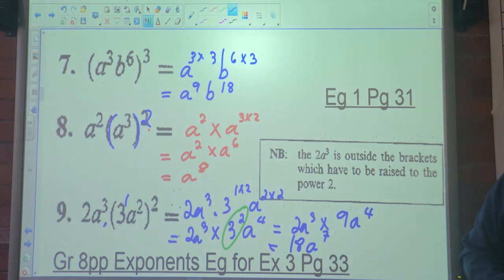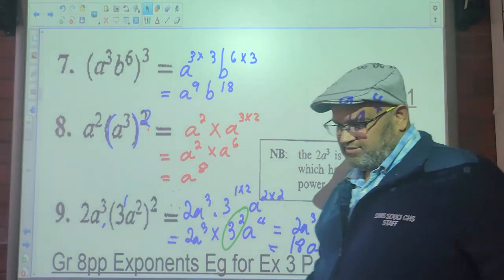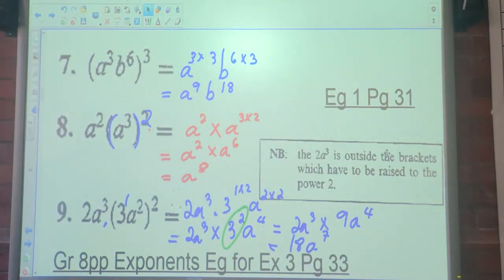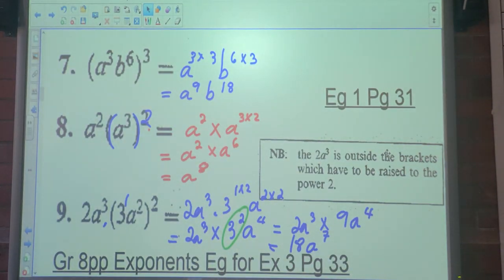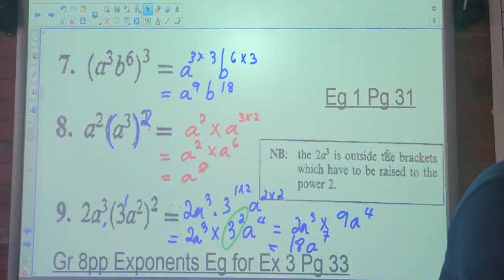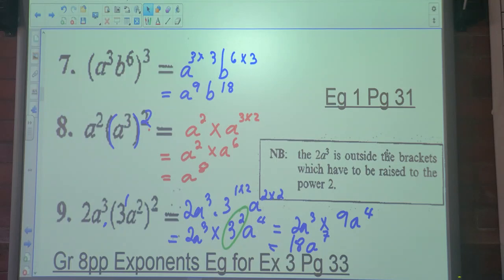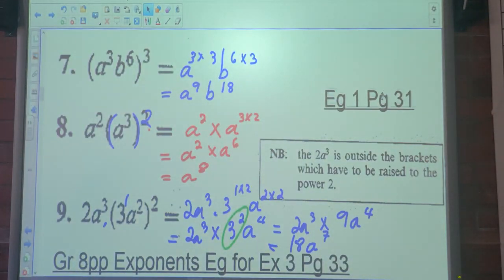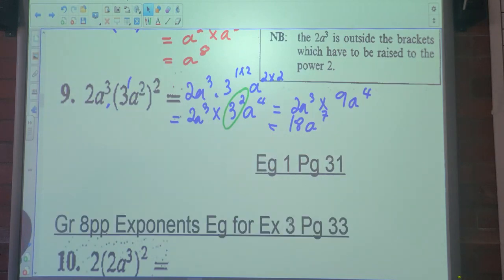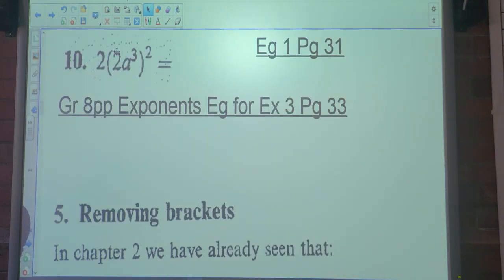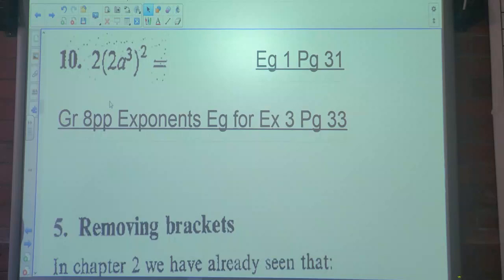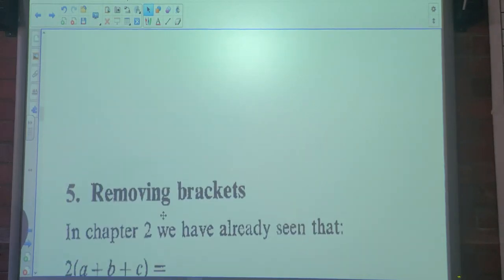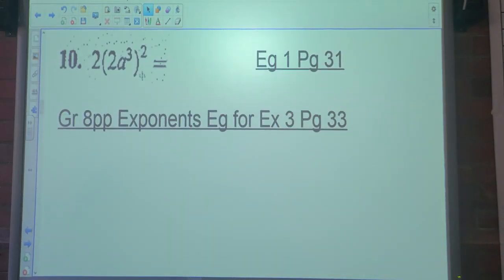You understand? All right, and that was the last one. This is where we'll stop today. I thought we could have done more. But when you do this homework, please go through the examples again, okay? When removing the brackets, we'll look at them all.